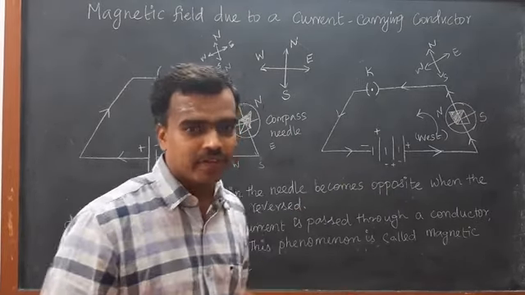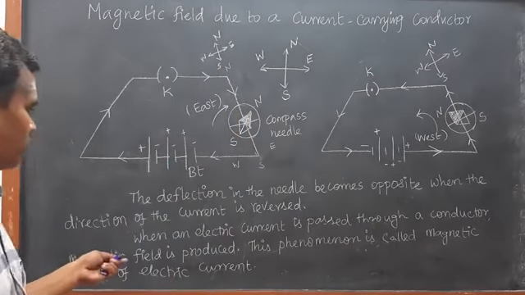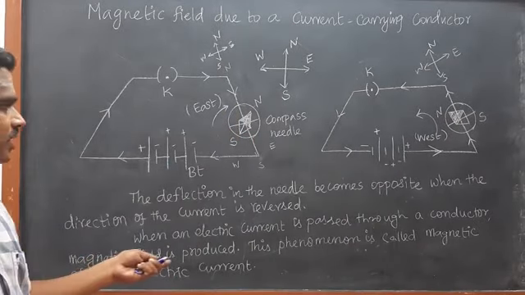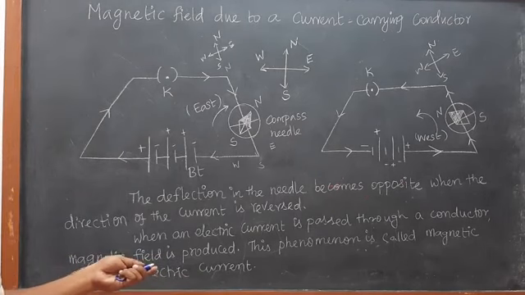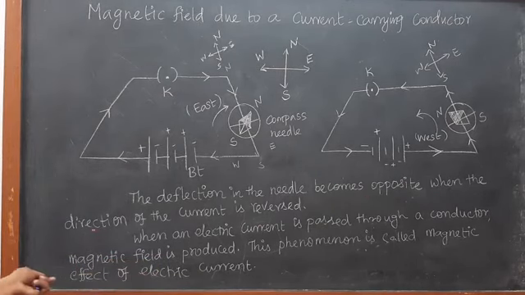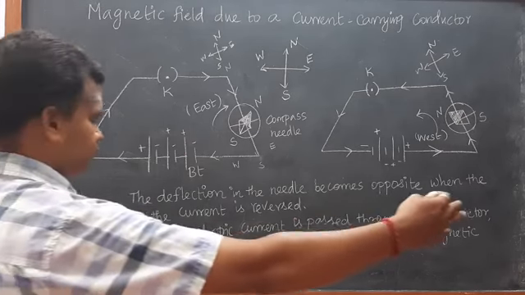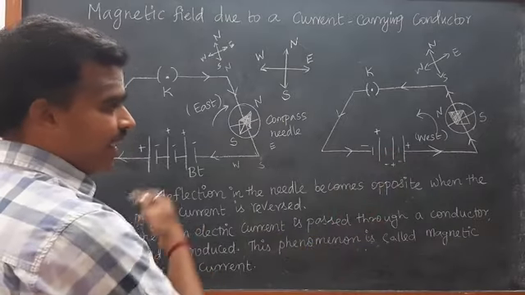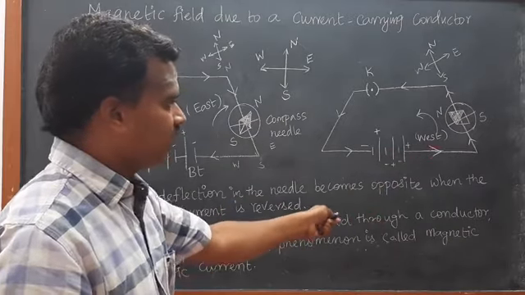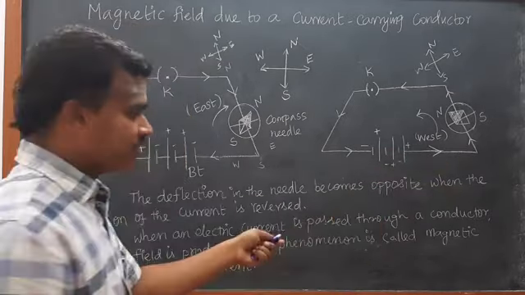This is the concept here. I have written that the deflection in the needle becomes opposite when the direction of current is reversed. Here the direction is towards this side, and here the direction of current is towards that side, so the direction of current is reversed.